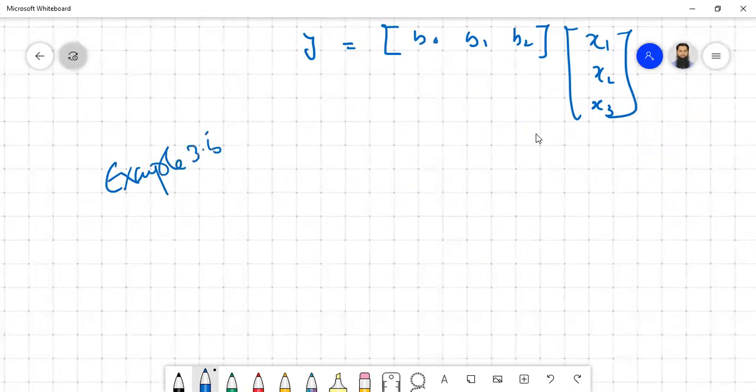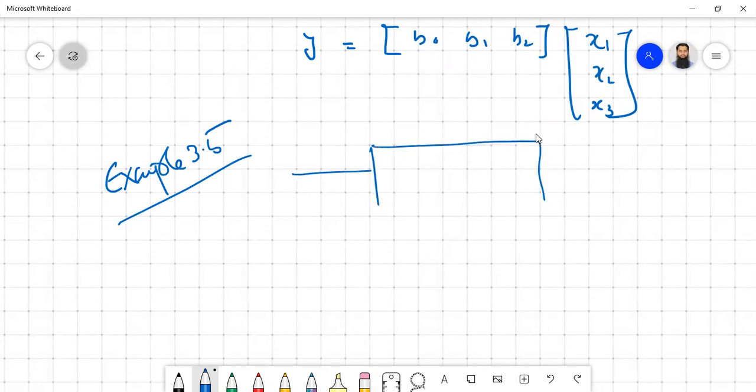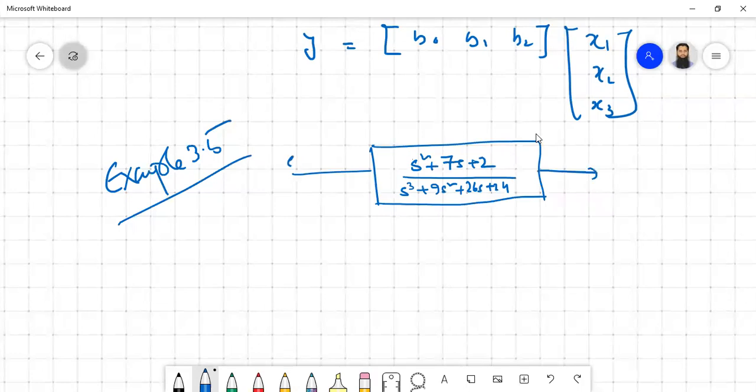Now what they have done is they kept the denominator the same, s cubed plus 9s squared plus 26s plus 24, and in the numerator they have s squared plus 7s plus 2. Okay, so this is your R(s) and this is your C(s).